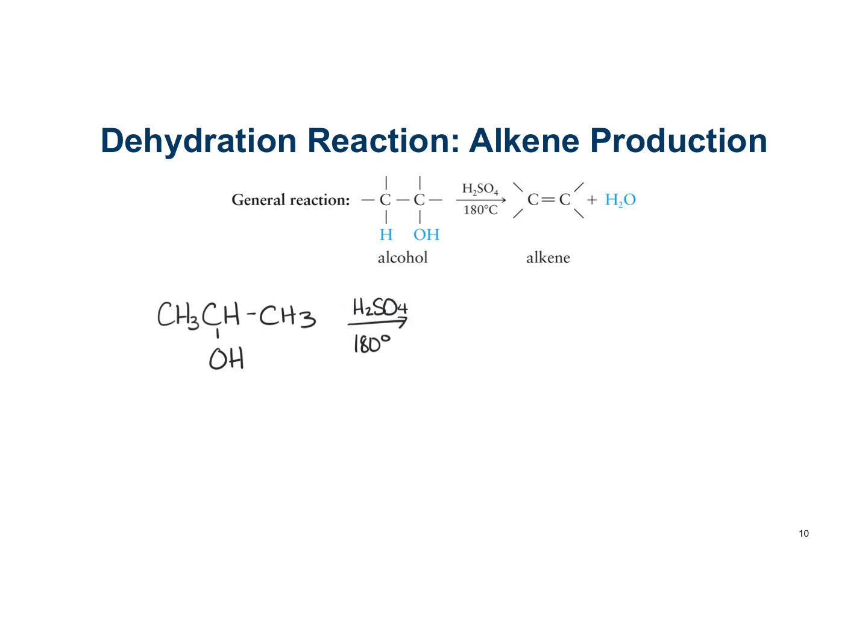This is sulfuric acid. And we are going to form a double bond. And so when you do this, you're going to remove the OH here and then one hydrogen from one of the two adjacent carbons. And this happens to be symmetric, so we can remove it from either one. And when we do that, we end up with a double bond.